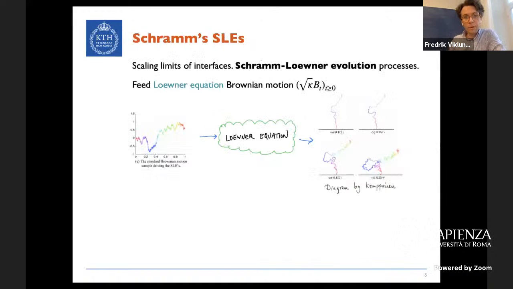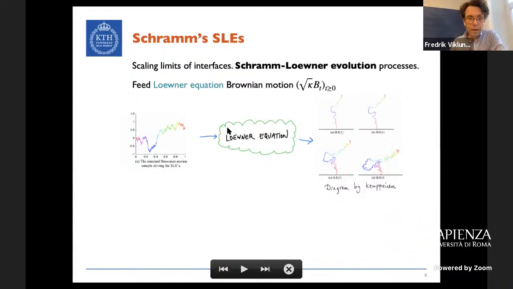These SLE curves were discovered by Schramm a bit more than 20 years ago, so they've been around for some time. The way they are constructed is by feeding the Loewner equation a standard Brownian motion. There is a parameter, kappa, which scales the variance of the Brownian motion.